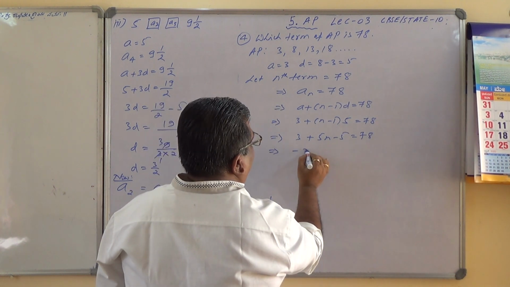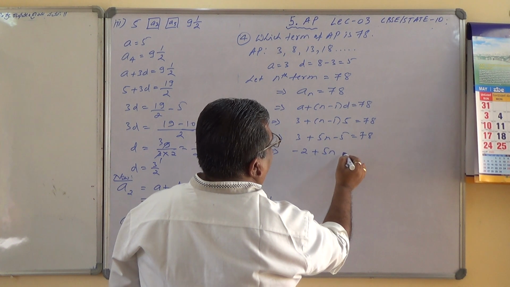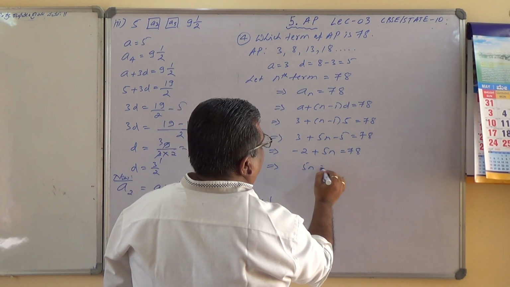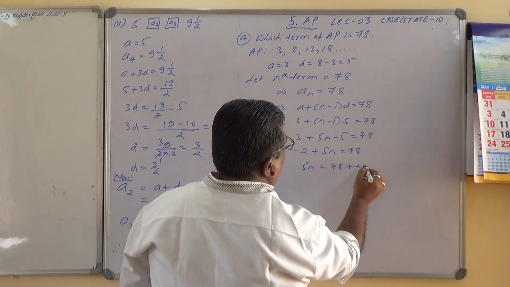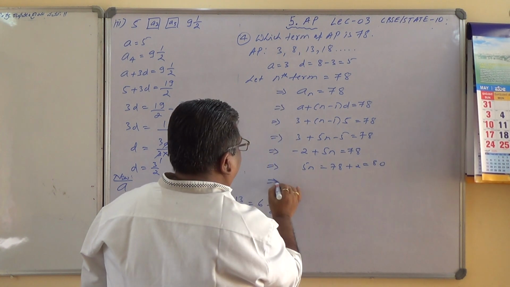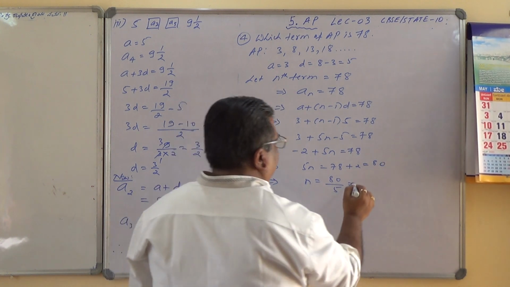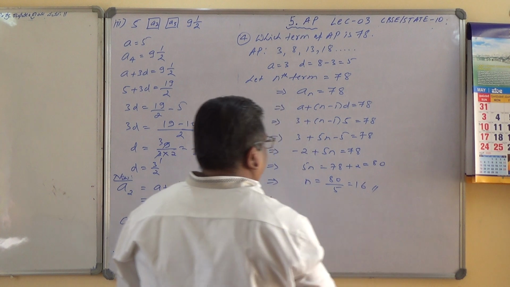3 minus 5 is minus 2, so minus 2 plus 5n equals 78, and 5n equals 78 plus 2, which equals 80. Therefore n equals 80 by 5, which equals 16.